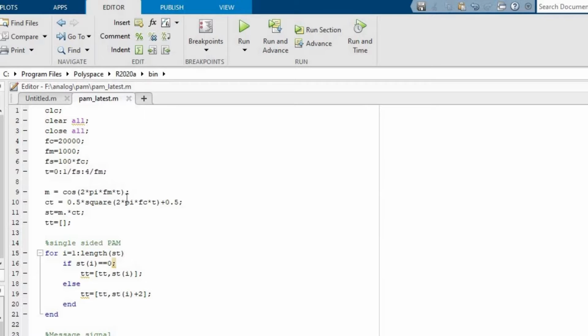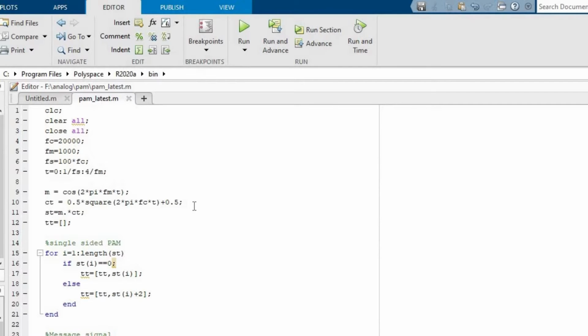and then followed by the general equation for the modulating signal, which would be cos 2 pi fm t, and then this line here, ct, actually represents the pulse signal, where square function is used to generate a pulse with assigned carrier frequency. So the usage of square function here generates a pulse from negative voltage to positive voltage.